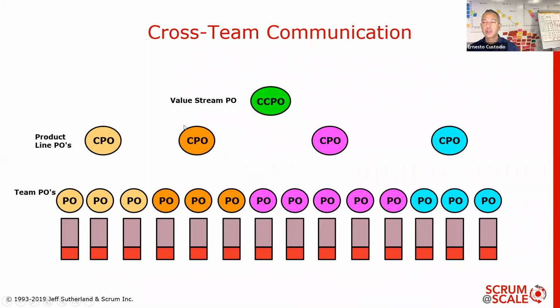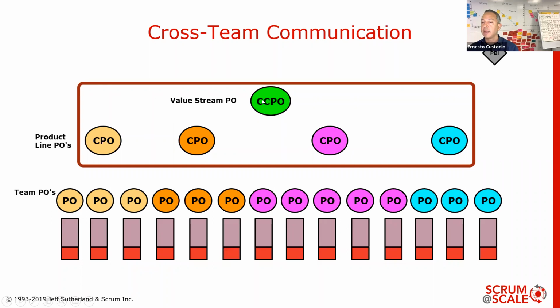So the cross-team communication happens in a way that takes a product backlog item, starting at the highest epic level, with the value stream being the highest visibility into that epic.